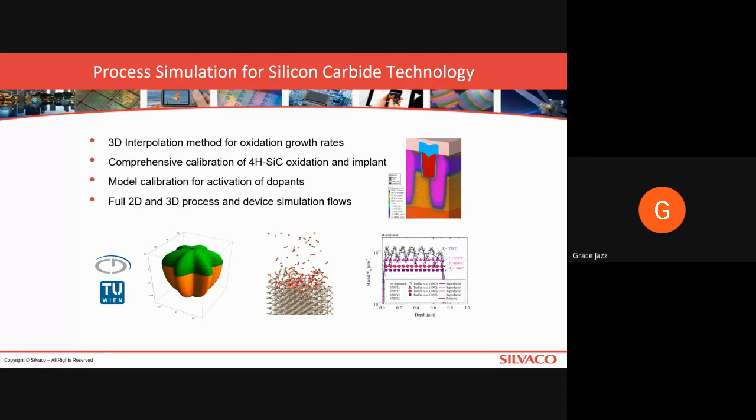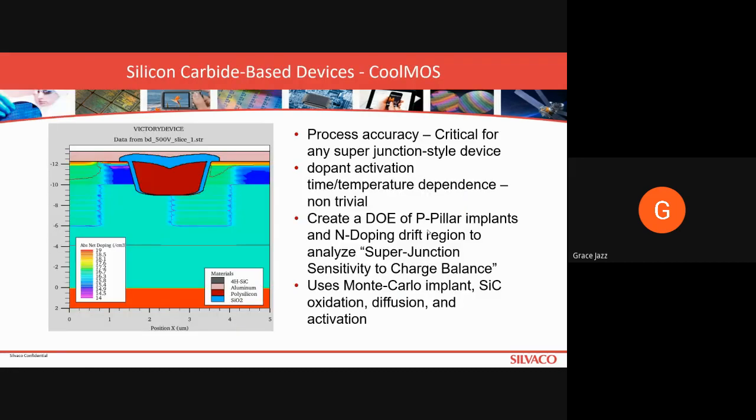We also have a very good, robust monocolor implant model for silicon carbide devices. This is one example showing we realize this structure using monocolor implant, silicon carbide oxidation, diffusion and activation, then do a Monte Carlo simulation to optimize your device.